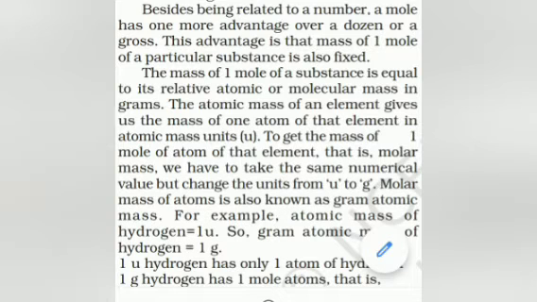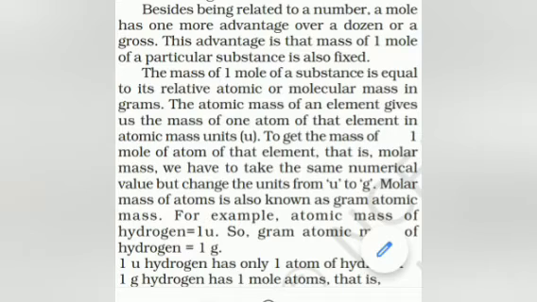Now, besides being related to a number, a mole has one more advantage over a dozen or a gross. This advantage is that the mass of 1 mole of a particular system is also fixed. So 1 mole always corresponds to the atomic mass of that element, which is always fixed.